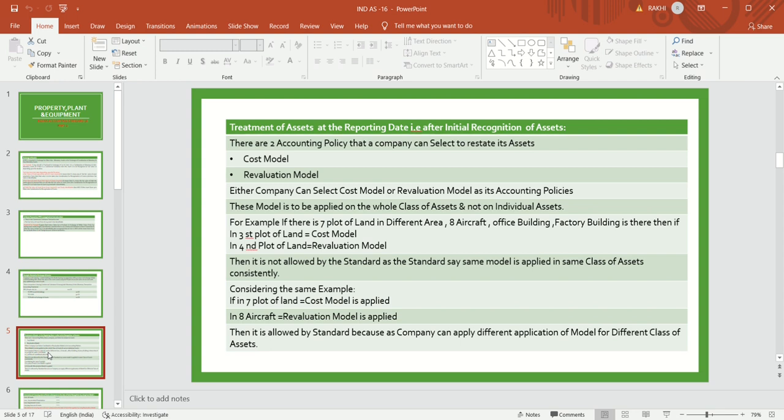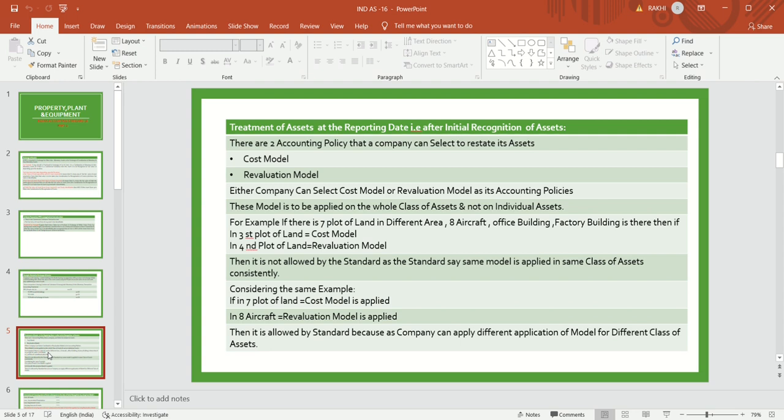So this is the treatment of the asset at the reporting date, that is after initial recognition. After the purchase of the asset, year by year, how the company will treat that asset in its books, that is to be discussed.